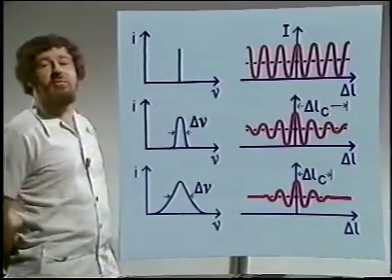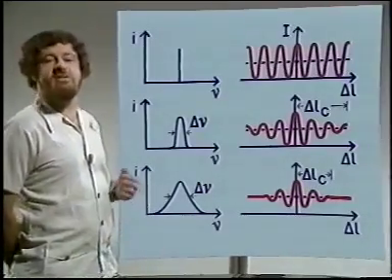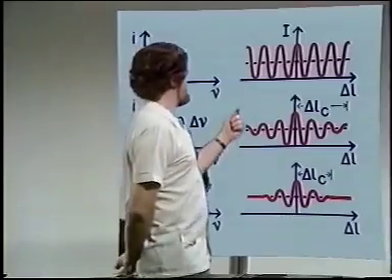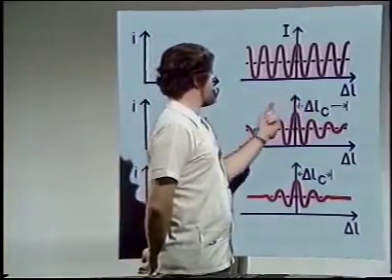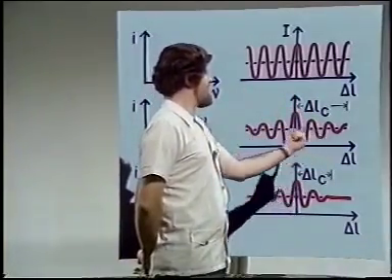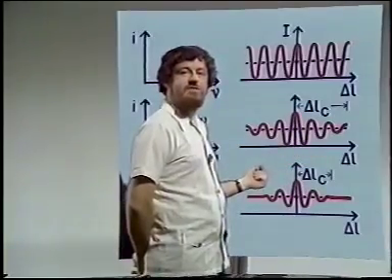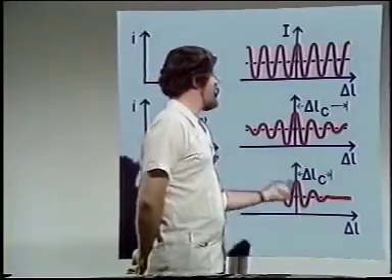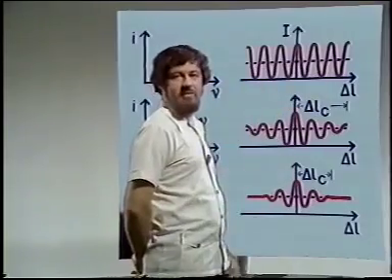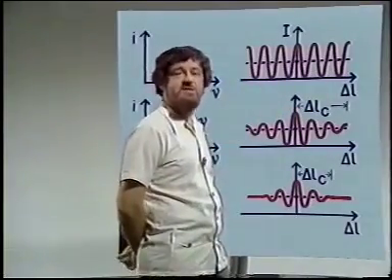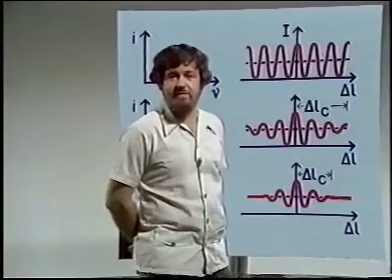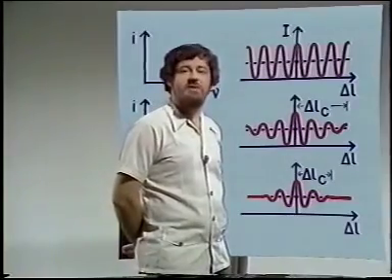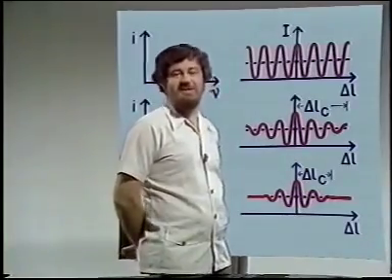So we now have 3 interferograms corresponding to 3 spectra. Now, first of all, I want to start off by looking at something associated with the interferograms. Notice that there's a characteristic distance, delta L_c, over which the fringes vanish. It's small here, larger here, and it's actually off the board there. Now, in terms of the apparatus, this means that there's a characteristic path difference over which the 2 beams, when they come together, give rise to 0 visibility fringes.